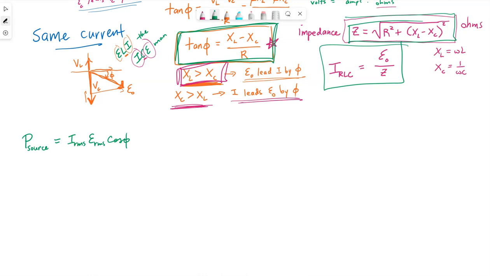Now, the cosine of phi, we're talking about this same angle phi that was in our phasor diagram. Cosine of phi would be the adjacent side, the resistor's voltage, over the hypotenuse, which would be the source voltage.